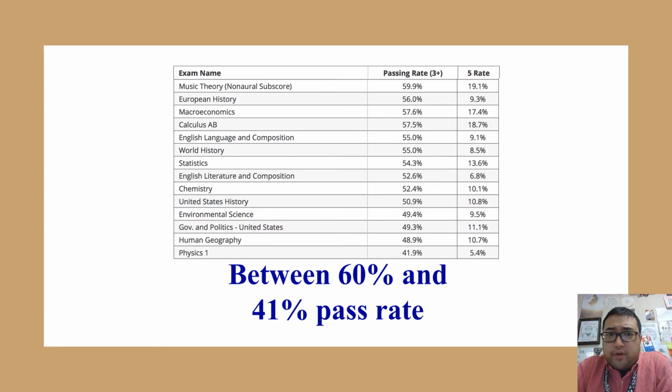Like I said before, it's not an easy exam. If we highlight environmental science here, it has a pass rate of around 50%. That's actually lower than 50%, rounding wise, 49.4%. And so not a lot of students get 5s either, as compared to AP Chemistry, which is a very hard exam, and it has 10% of those students taking the exam get a 5.